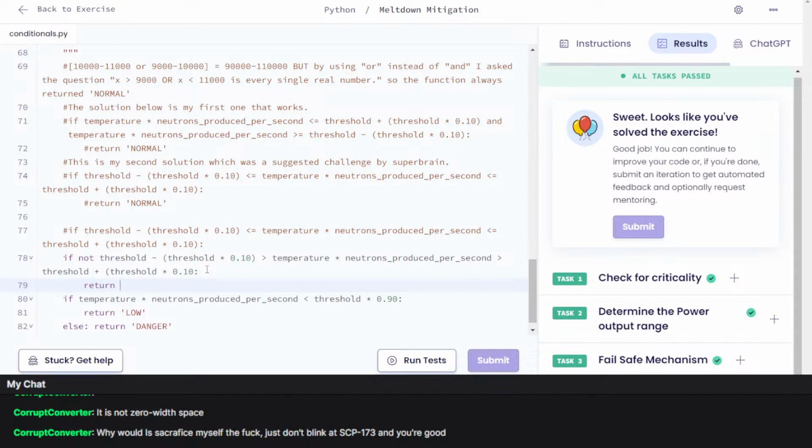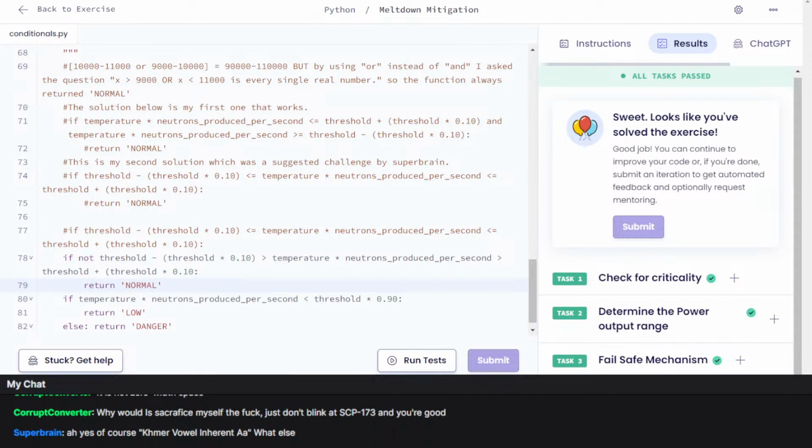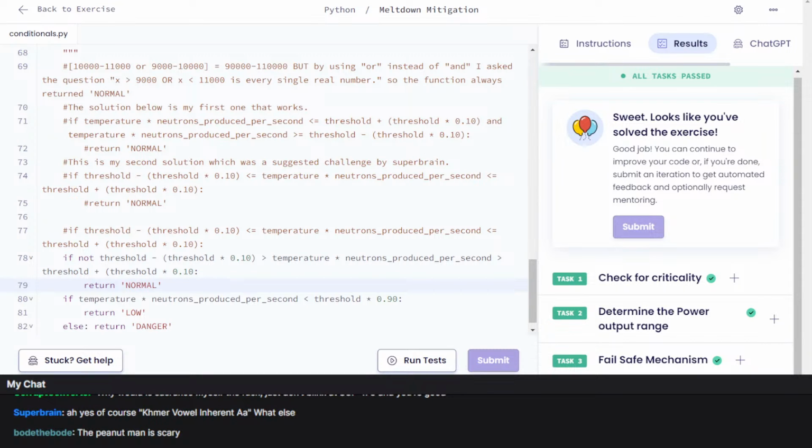Normal. Corrupt Converter says let's see, would he sacrifice myself? Just don't blink at SCP-173 and you're good. Because chivalry is not supposed to be dead. That's why. Yes, of course. Bodefi Bode says the Peanut Man is scary. The Peanut Man. So you do know the game. Who said it?